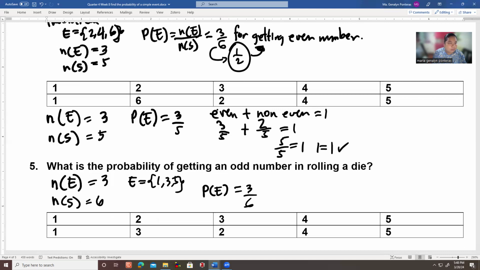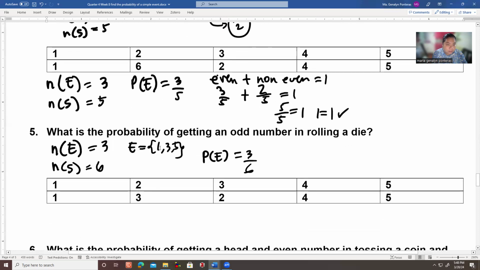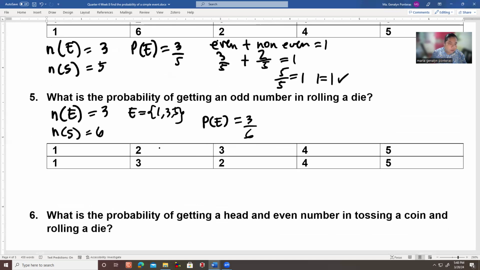In theoretical, 1 half. In empirical or experimental, so here, the cardinality is 3, sample space is 5. So P of E is 3 over 5. Based on the experiment, it's 3 over 5.